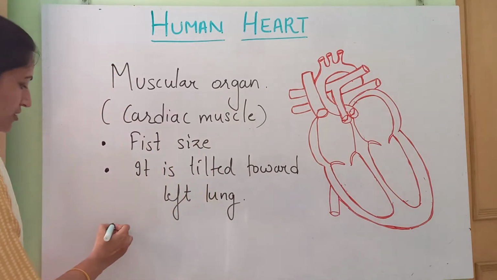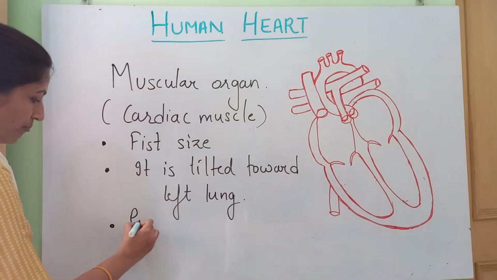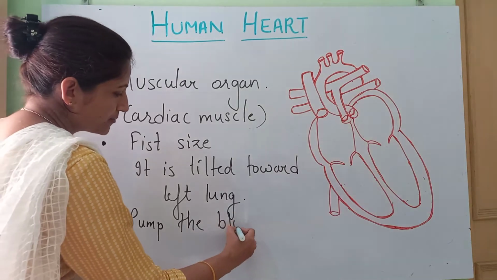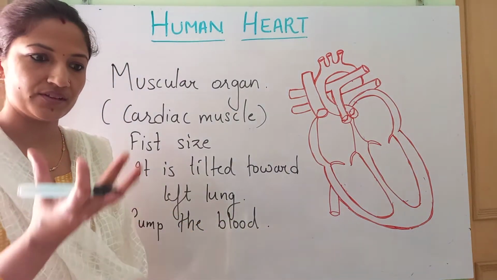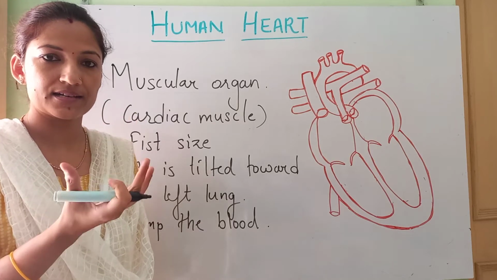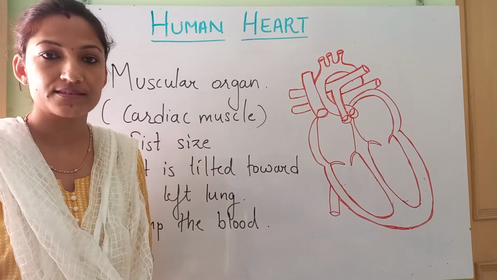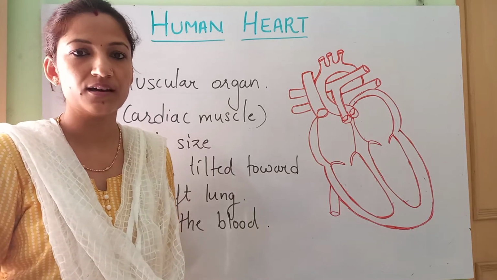So what is the main function of this? The function of the heart is to pump the blood. While pumping it will contract and relax, and that results in the release of blood into the blood vessels, and that blood reaches different tissues in our body.